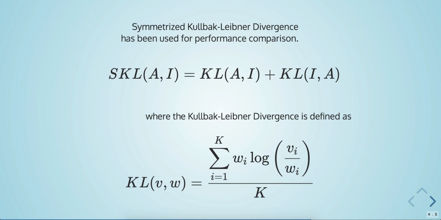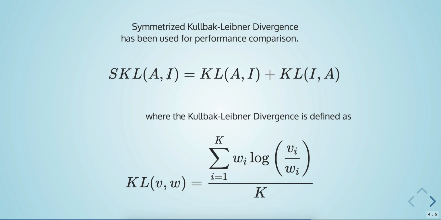Now, how to show a comparison of performances. We used, for instance, the symmetrized Kullback-Leibler divergence, where this is simply defined like this. This is a mean of those objects, and we choose the symmetrized version, so this is a real distance and not only a semi-distance.